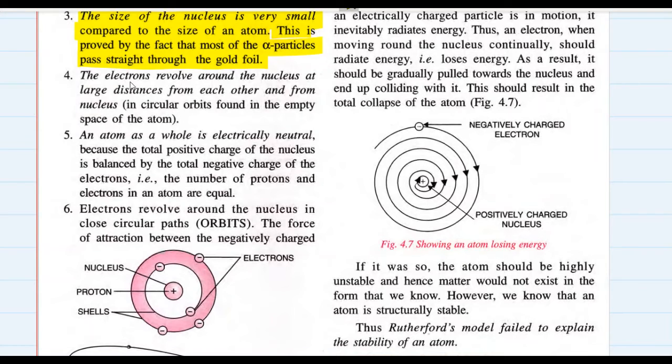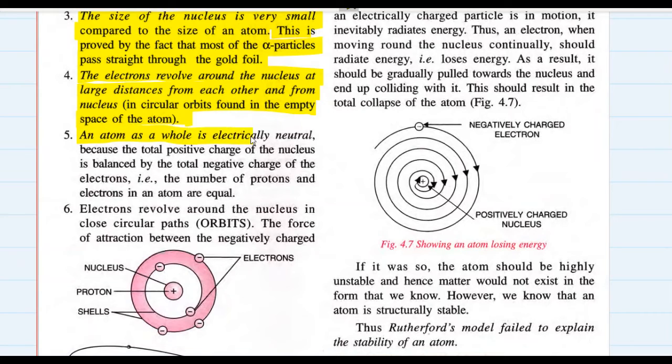But Rutherford suggested that electrons revolve around the nucleus at large distances from each other and from the nucleus, in circular orbits found in the empty space of the atom. Imaginary paths, basically, shells or orbits.